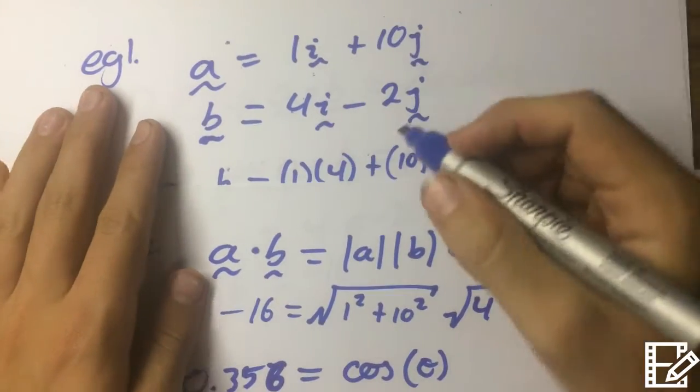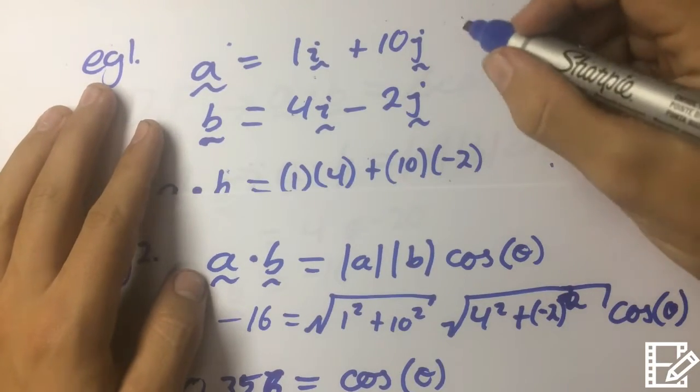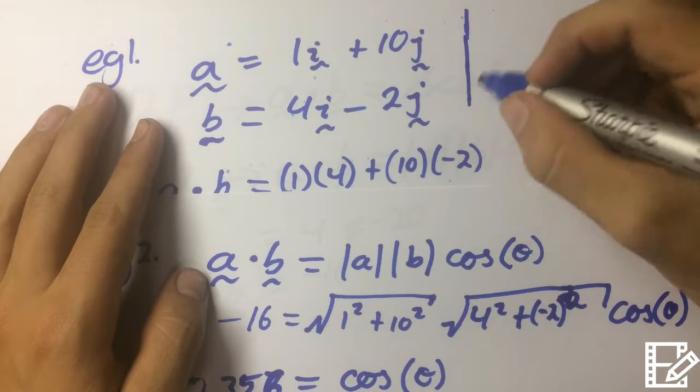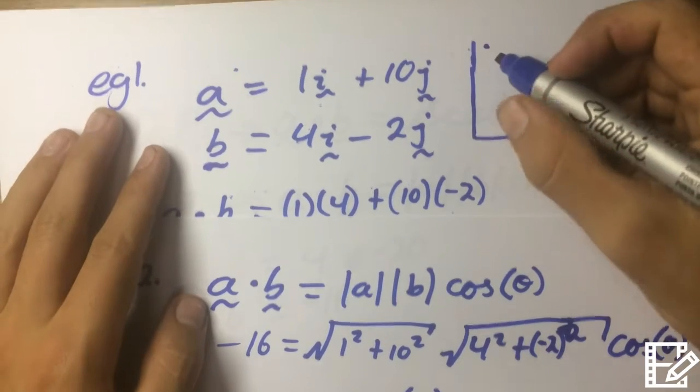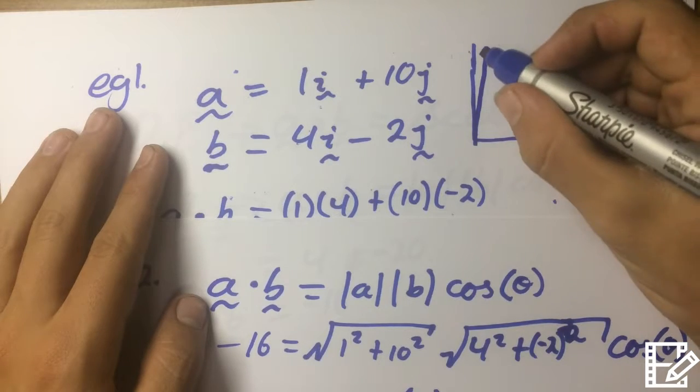That makes sense because of the vectors. Let's just draw it. It'll go across 1 and up 10, so it'll be a big stretch like that.